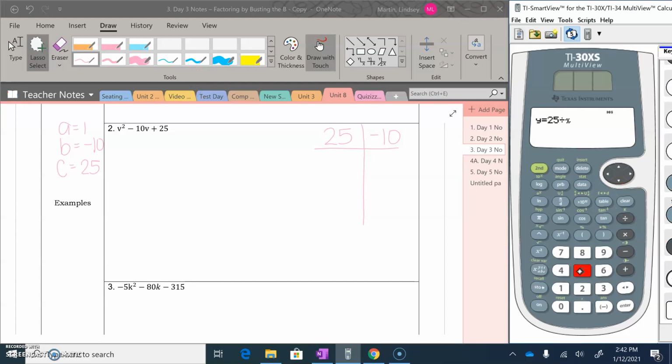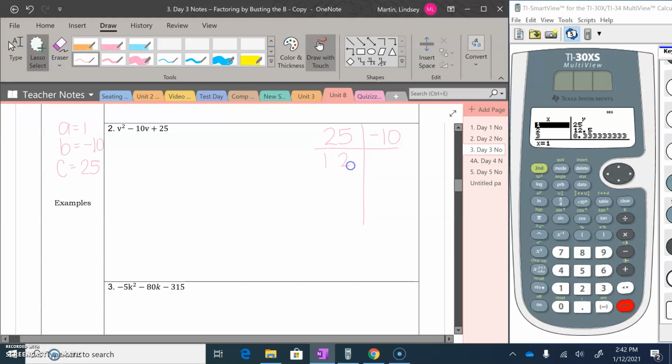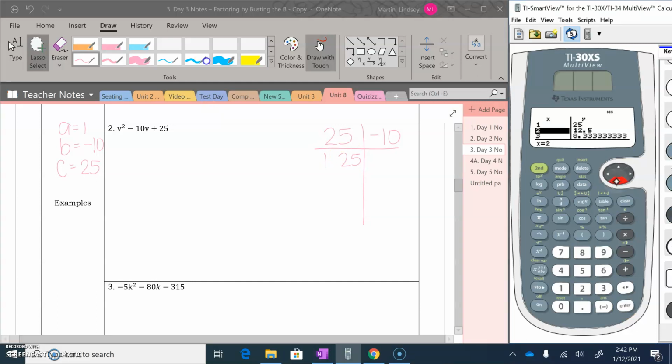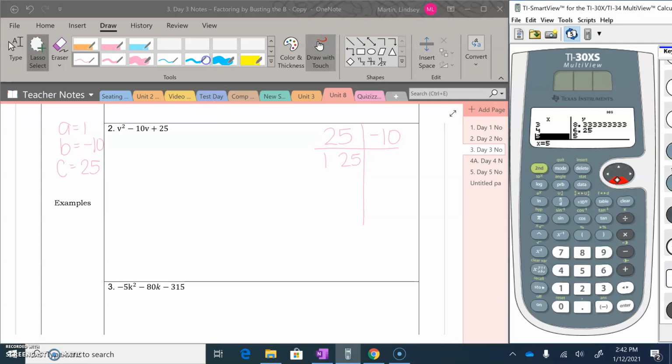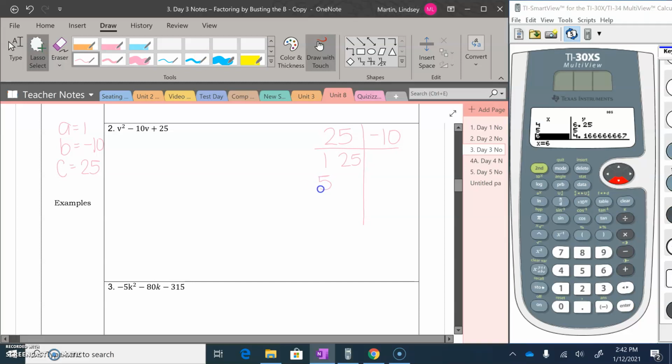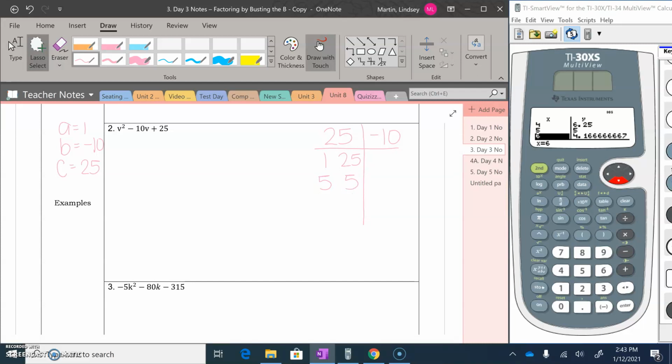Go back to my table, do 25 divided by x, press enter, start at 1. So we have 1 and 25. And my last pair is 5 and 5. If I add these together, I get 26 and 10, neither of which match -10, which is my B value.